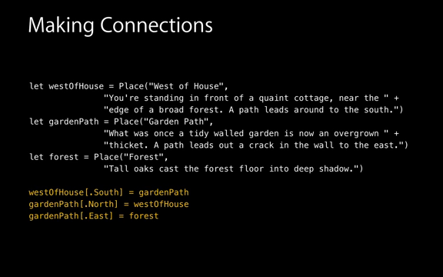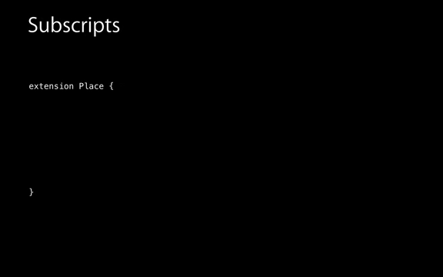The way that you do that is with a subscript declaration. A subscript declaration in Swift feels a lot like a property. You use the subscript keyword, and then you give it a parameter clause, which is going to be all the indexes that are being used to subscript in.